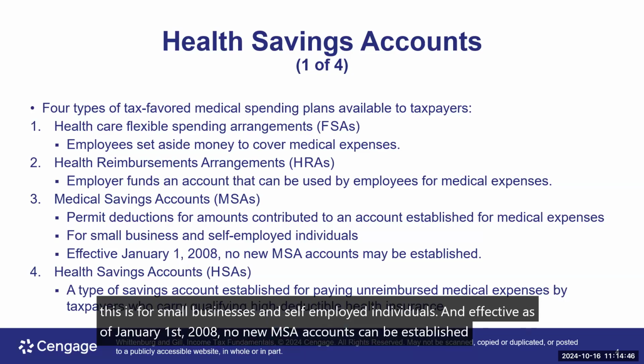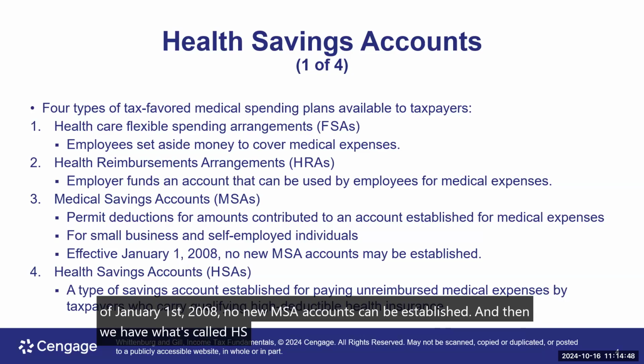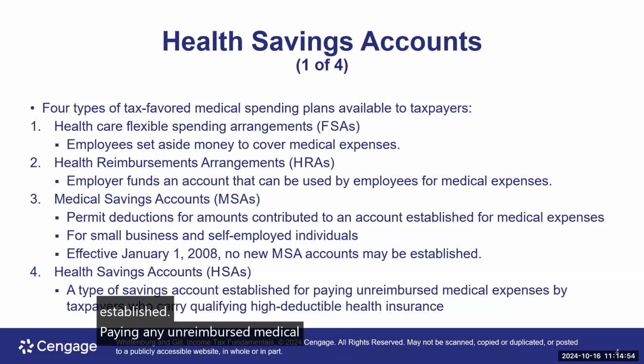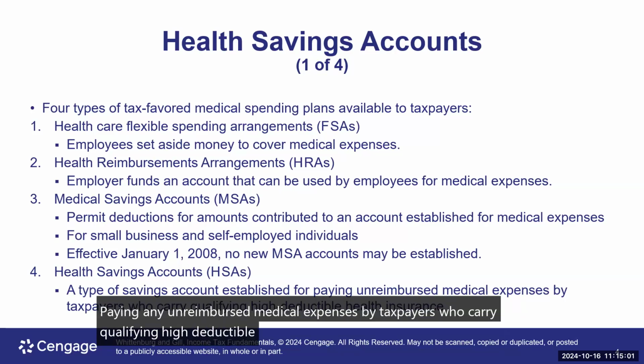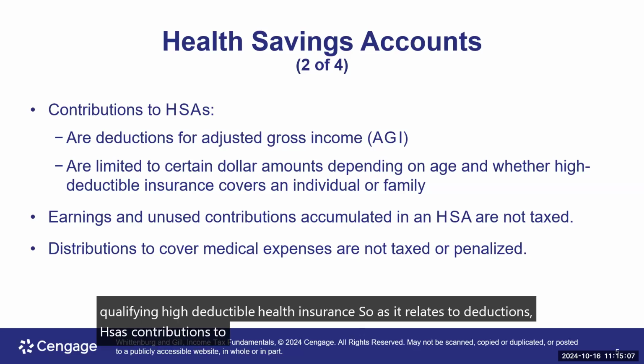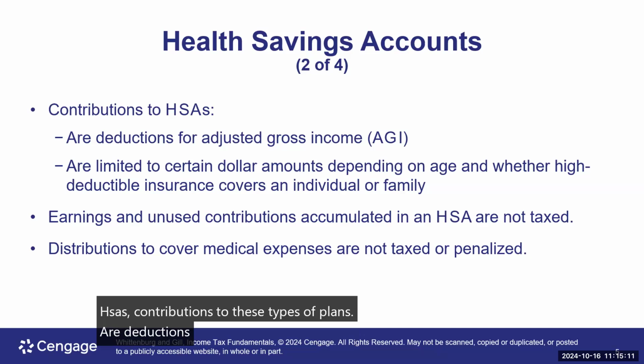And then we have what's called HSAs. These are a type of savings account established for paying any unreimbursed medical expenses by taxpayers who carry qualifying high deductible health insurance. As it relates to deductions, contributions to these types of plans are deductions for adjusted gross income.